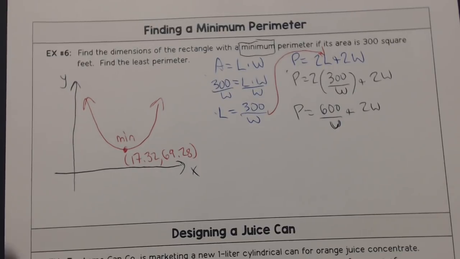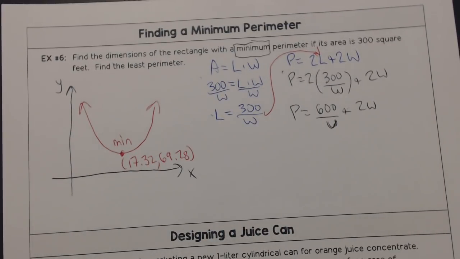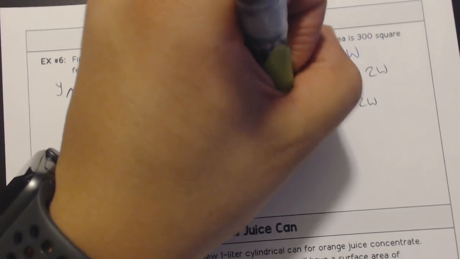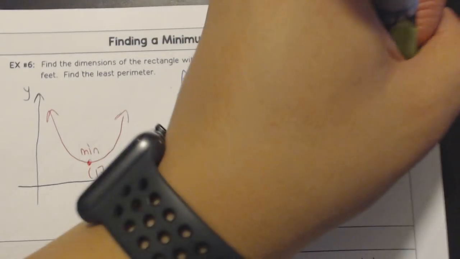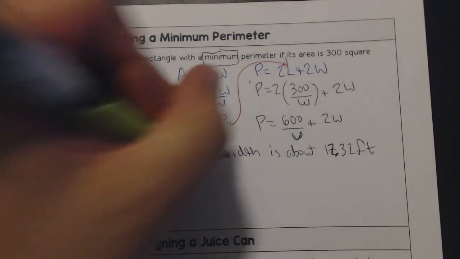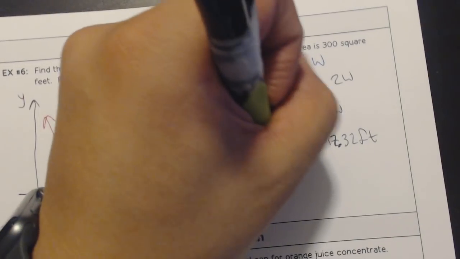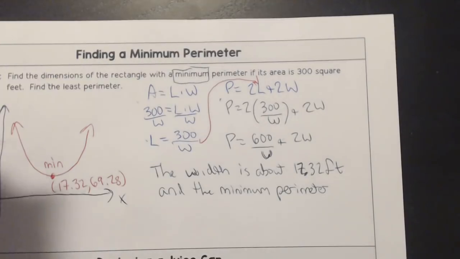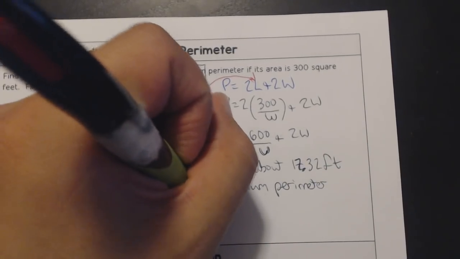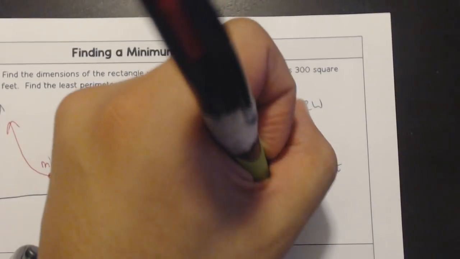What this tells me is I need to interpret this. Remember, I have L and W, so one is my X, one is my Y. By this information, I can say the width is about 17.32 feet, and the minimum perimeter is about 69.28 feet.